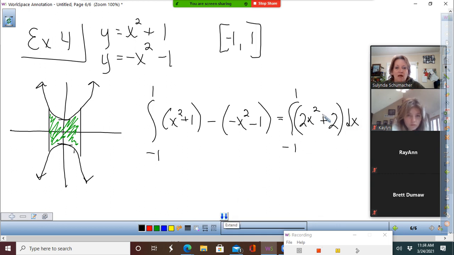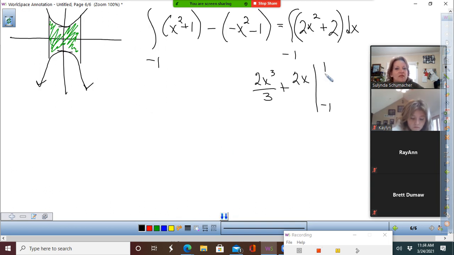All right, so let's go ahead and integrate this. So 2x squared becomes 2x to the third over 3 plus 2 becomes 2x from negative 1 to 1.